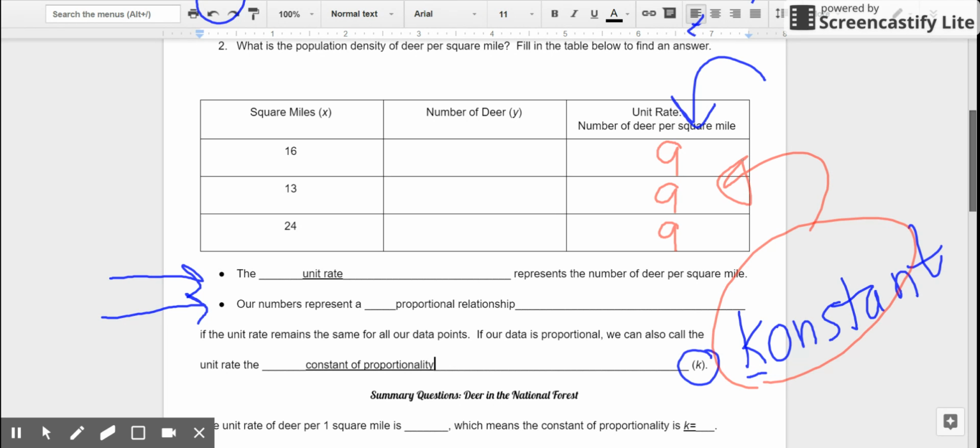Please use that information to fill in this blank. So again, the unit rate for 1 square mile is 9 deer. So what that means is that there are 9 deer in every square mile on average. And that is a proportional relationship because the unit rate is the same the whole time. So the constant of proportionality is K equals 9.